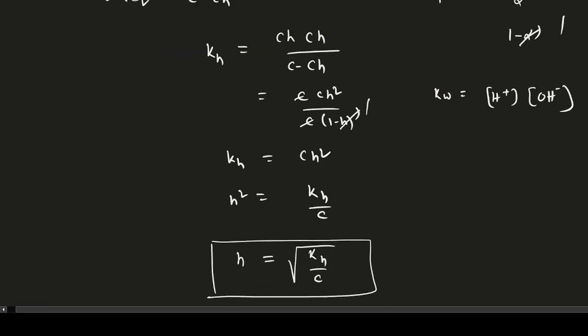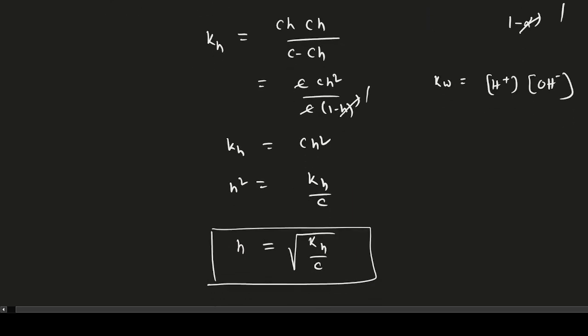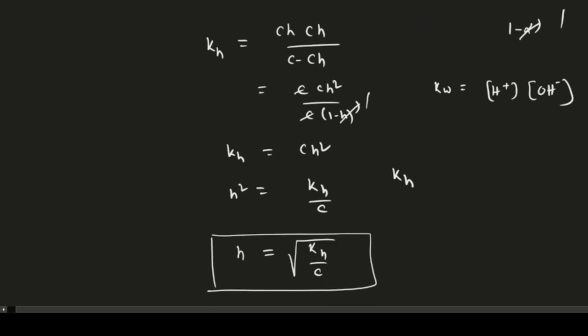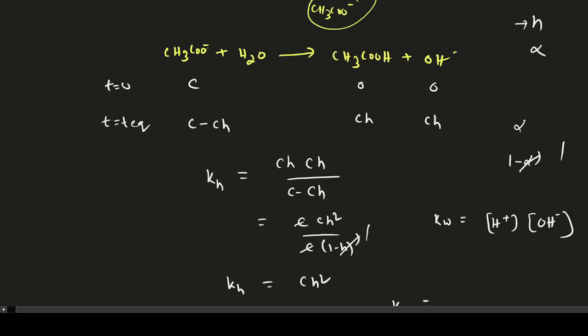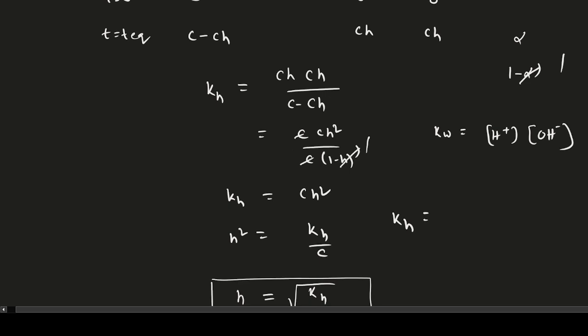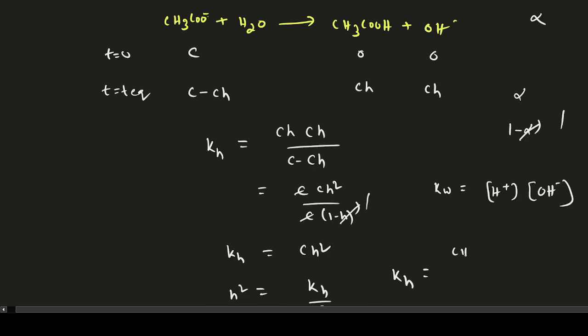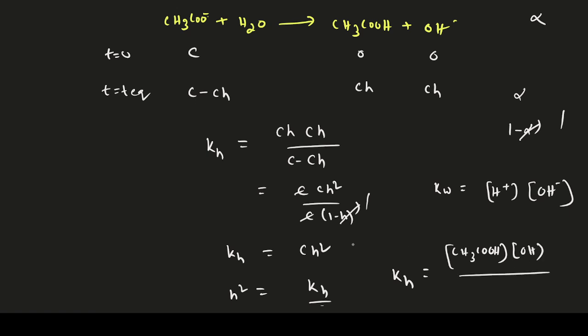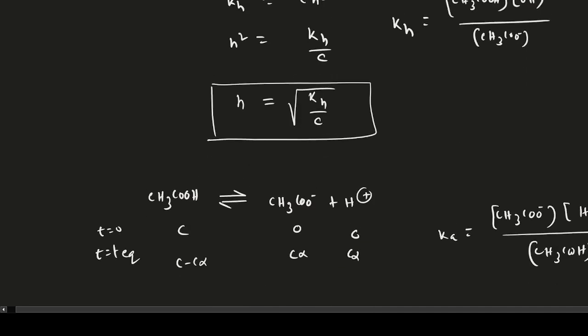Similarly, if you calculate Kh from here, the concentration is CH3COOH times OH minus over CH3COO minus, because the water is taken in excess, so it is unit 1 and we will not take it.